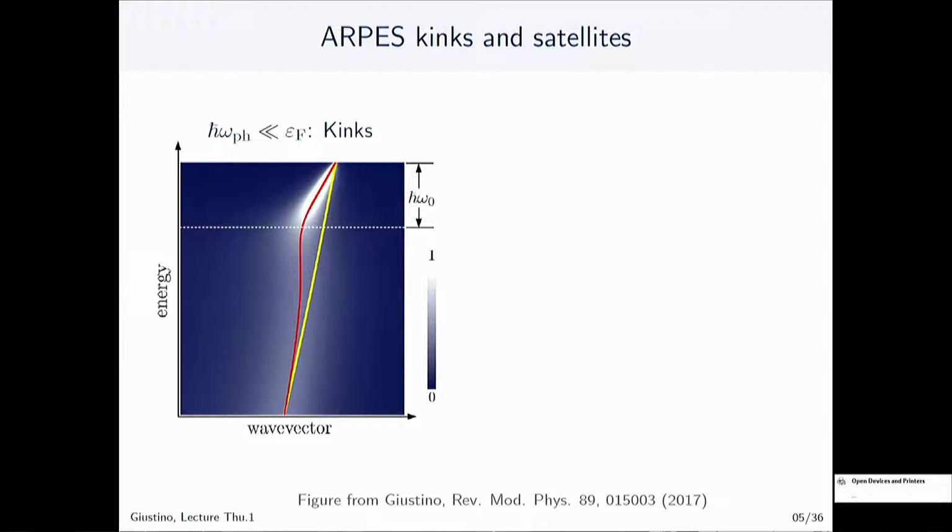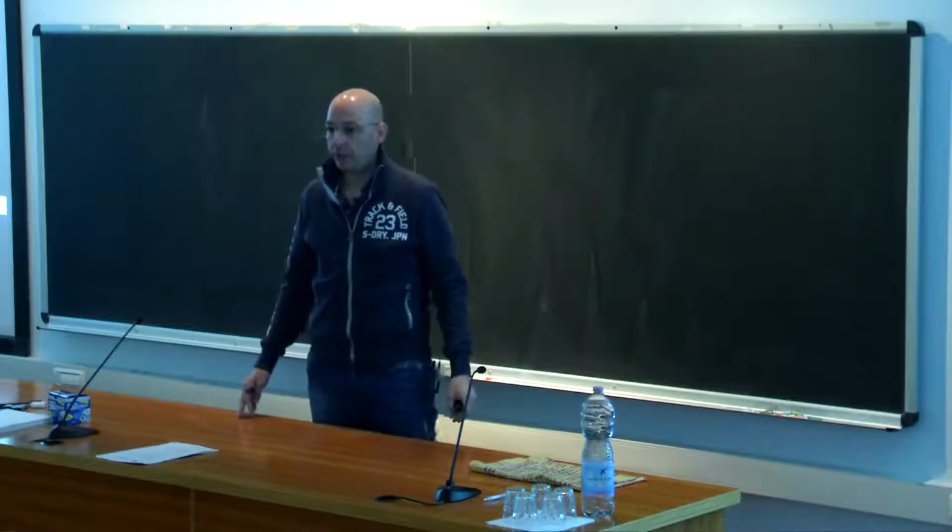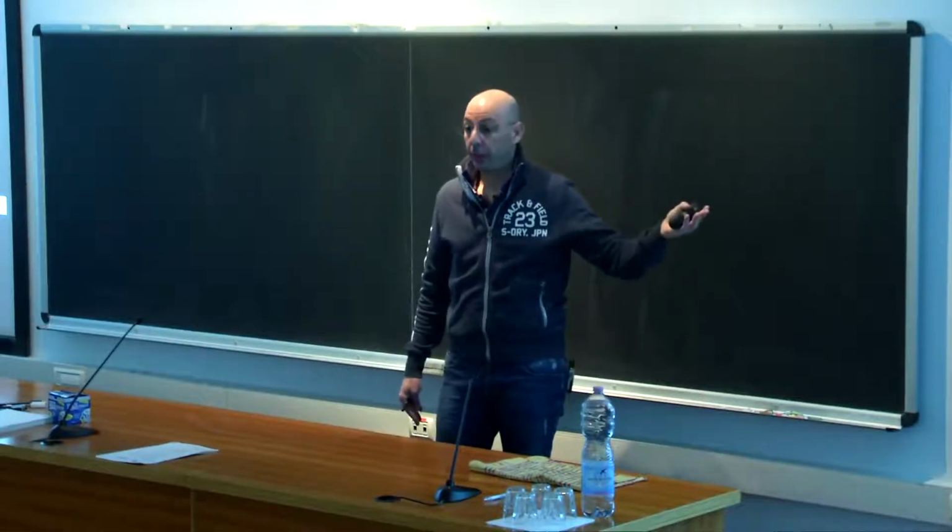Now, there is another interesting thing that could happen in this case without changing anything, without changing the physics, without changing the self-energy. What could happen is that the Fermi energy is not very large. Let's imagine this is MgB2, so the bandwidth would be maybe 5 electron volts, and the phonon energy would be of the order of 100 millivolts.